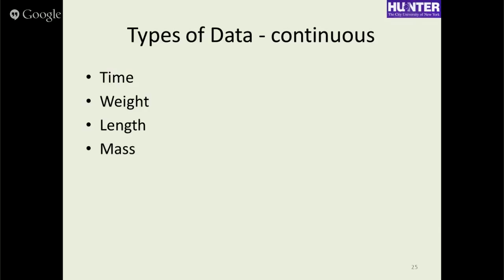You're right. That's where this distinction between continuous and discrete variables gets a little bit fuzzy. But these are the classic continuous variables, because at least in theory they could be any value.